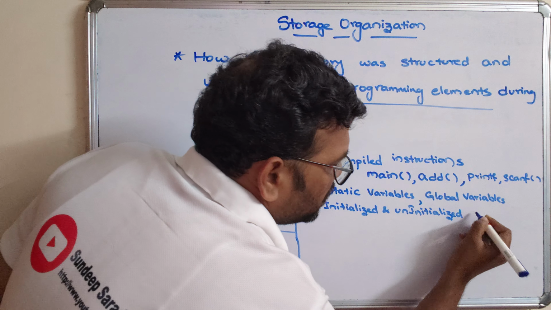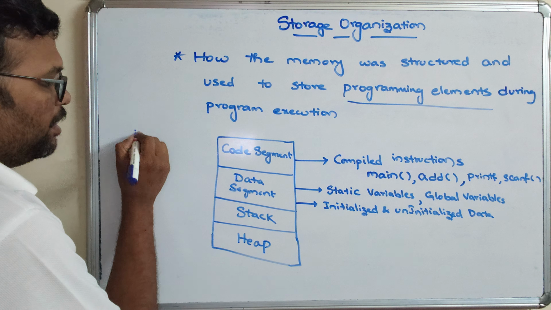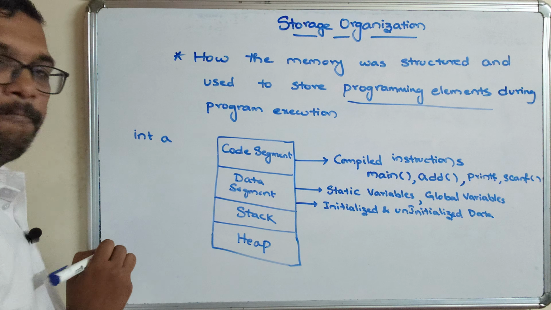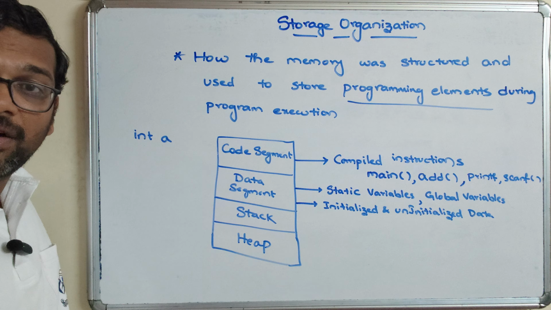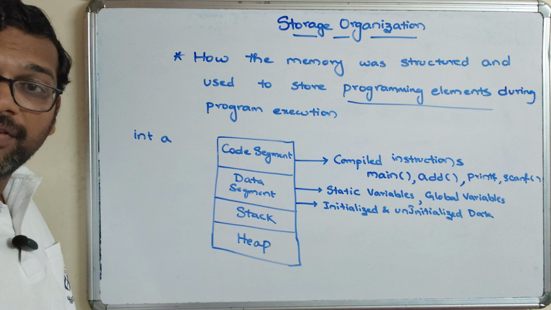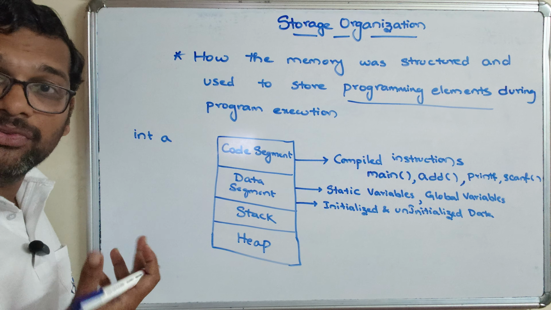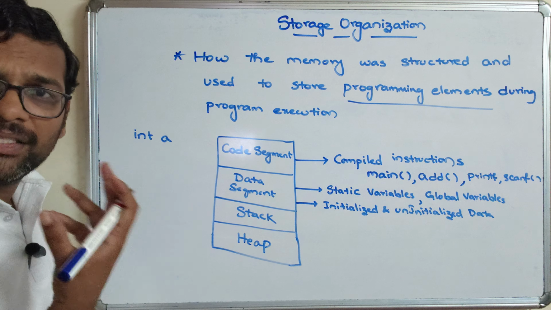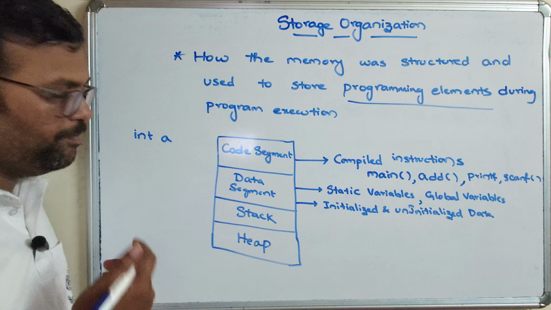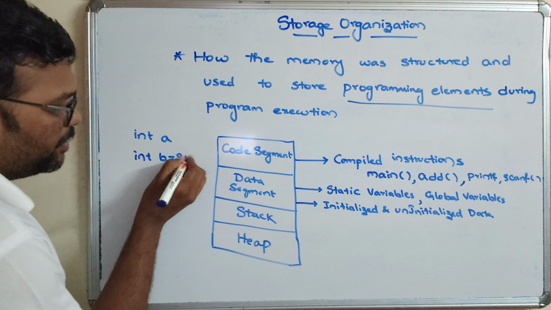You might know about initialized data and uninitialized data. For example, if you consider int a, this statement is just a declaration of variable a. What is the value of a? We have not initialized any value, so this is an uninitialized variable, and the value of a is a garbage value. For example, int b = 20.